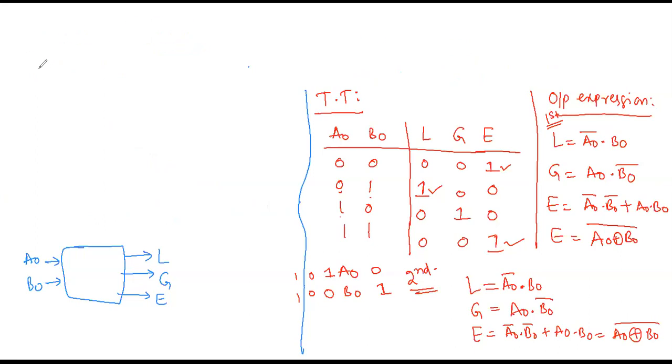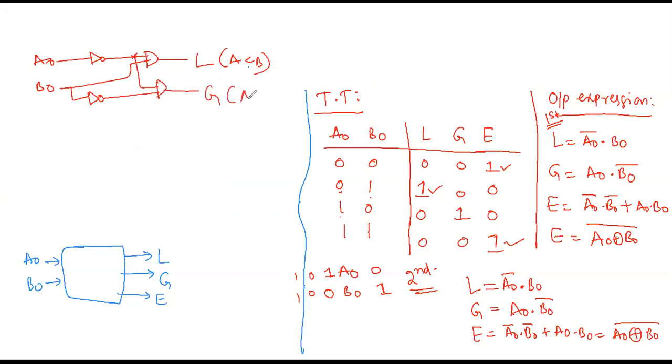Now, the internal circuit you can draw. Take A0 and B0. First A0 bar, and B0, into an AND gate. This is less than, meaning A less than B. Next, A0 into B0 bar, this is greater.